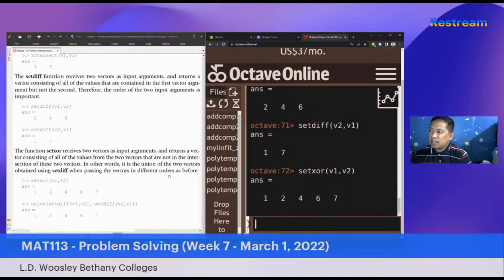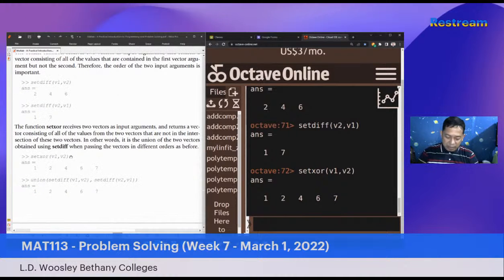So pag inanalyze natin yan, ito yung union kanina ng 1, 7 na exclusive kay B sub 2, yung 2, 4, 6 exclusive kay B sub 1. So yung union nilang dalawa, yan yung tinatawag natin na setxor.